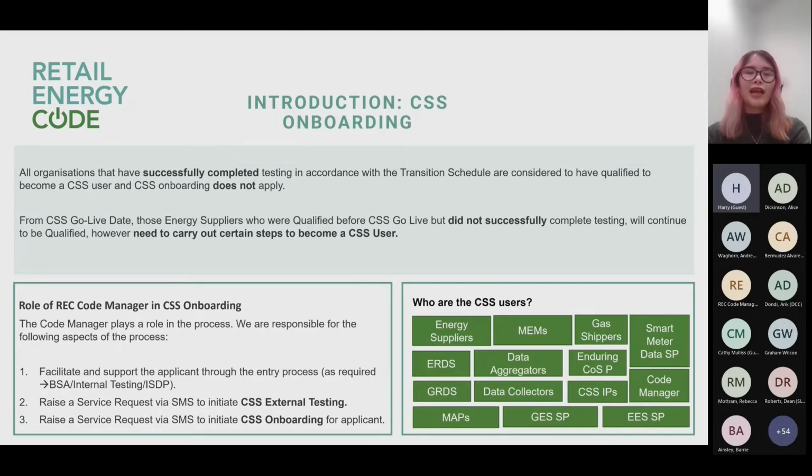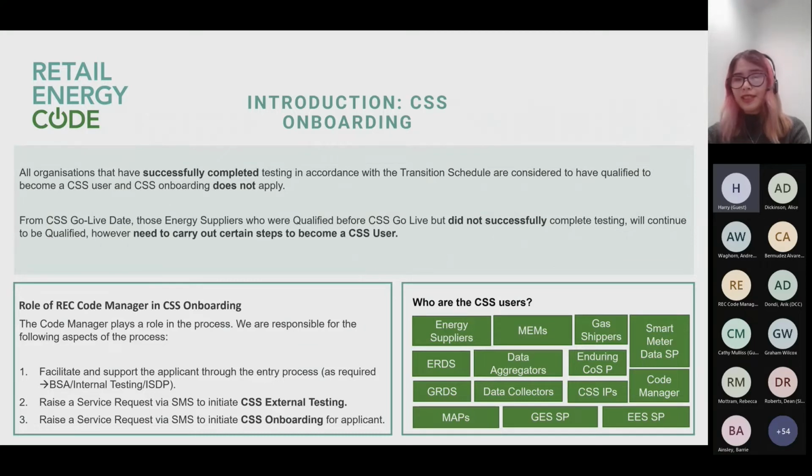In regards to our role as the REC code manager within the CSS onboarding process, we facilitate and support applicants through the entry process. We raise a service request via our service provider's ticketing system to initiate CSS external testing for applicants, and we also raise a service request via the ticketing system to initiate CSS onboarding. So moving on to who is required to become a CSS user.